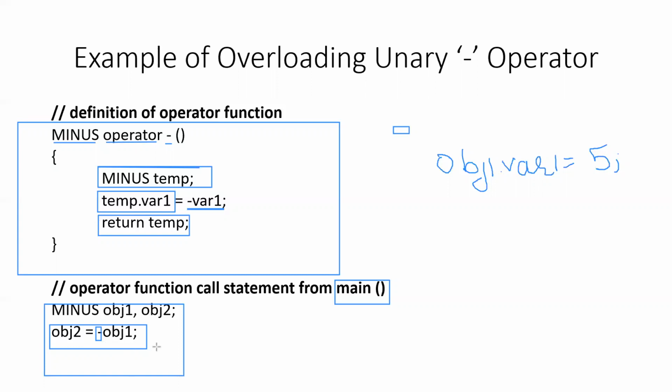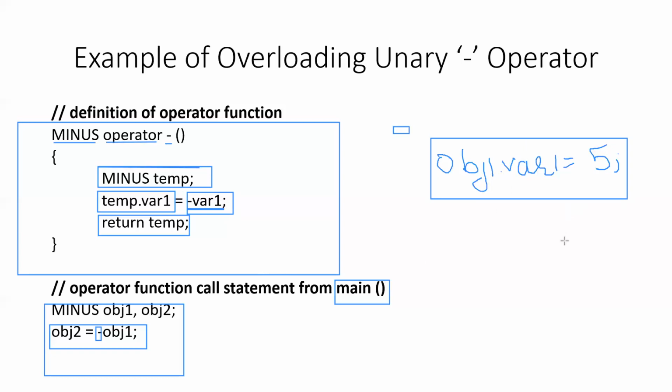So what will happen? We will jump to the definition of the minus operator. Here the temp variable has been created. Now temp dot variable 1 is equal to minus variable 1. Now what is this minus variable 1 here? The variable 1 belongs to the object that has called this function. Now which object has called this function? Object 1. So what is the value of variable 1 that belongs to object 1? It is equal to 5.